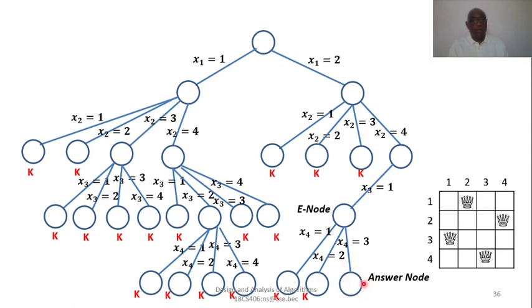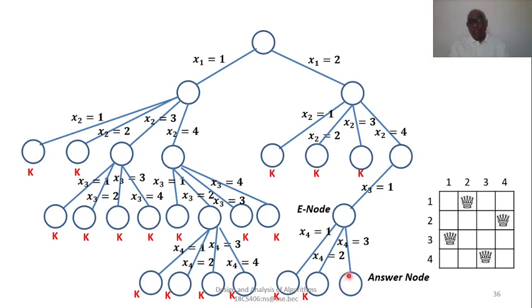But however, this E node is at level 5. This is at level 1, this is at level 2, this is at level 3, this is at level 4, and this is at level 5. And the 4-queen problem requires the children to be constructed only for n plus 1 levels. So hence, this node becomes the answer node.